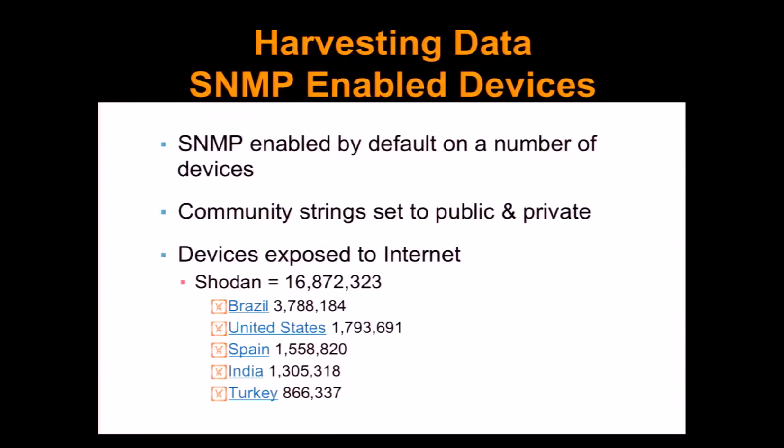Well, we went out there and looked, and we found that on Shodan there are nearly, well, the number's higher than this, 17+ million devices on the internet exposing SNMP that you can query and pull data out of. According to Shodan, so some of that may be devices that have aged out. They may not all be current. So let's say 50% of that's no good. So we're still looking at 8 to 9 million devices on the internet. So we're going to show you how to steal data from what, 2 million?